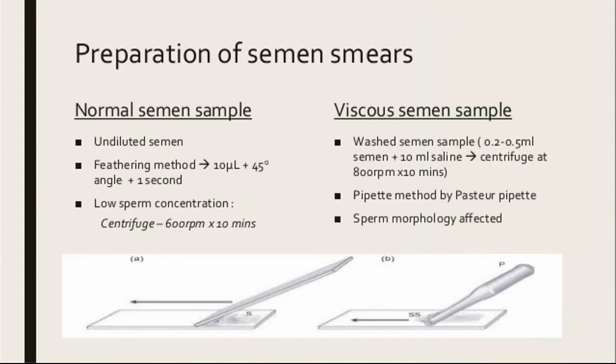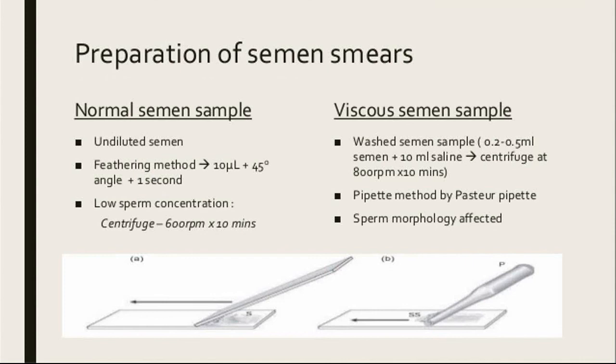Preparation of semen smears. After liquefaction, make a thin smear of the semen on the glass slide similar to that of the blood smear. Allow the smear to dry in air and then heat the slide very gently to fix the smear. If the sperm concentration is low, centrifuge at 600 rpm for 10 minutes and from the sediment prepare the smear.